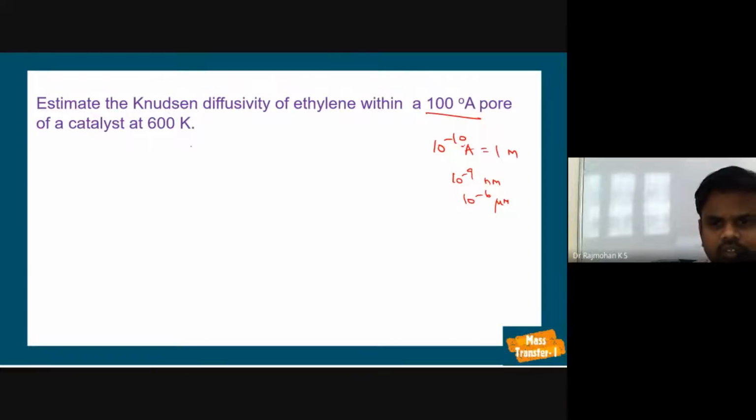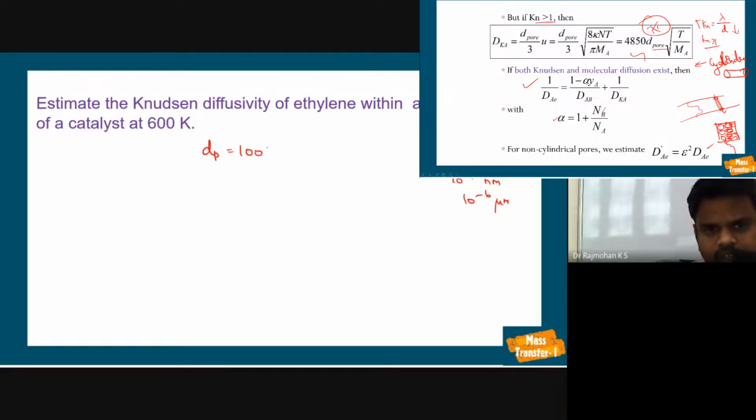So that means we have the diameter of the pore known, which is 100 Angstrom, or we can say 100 into 10 power minus 10 meters. Temperature is given, 600 Kelvin. So what is the formula to get Knudsen diffusivity?